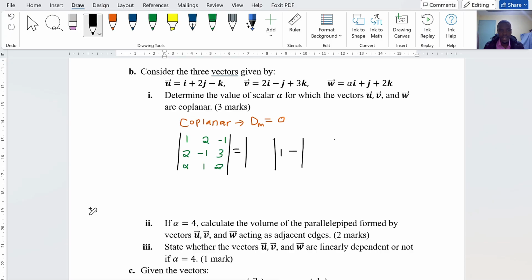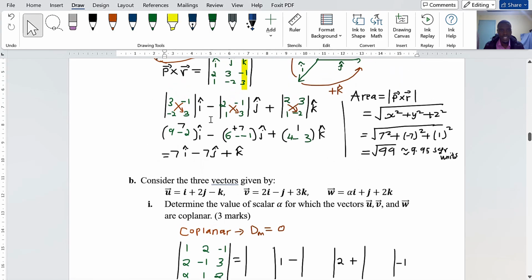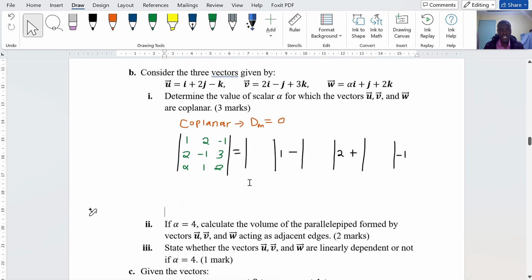Now we have another matrix for J, and where J is, we see 2. Then plus, K is positive when you do cross product. Now where K is, we have -1. Remember up here, I is the first one, J is the second, and K is the third. But remember, J is negative because the direction matters.